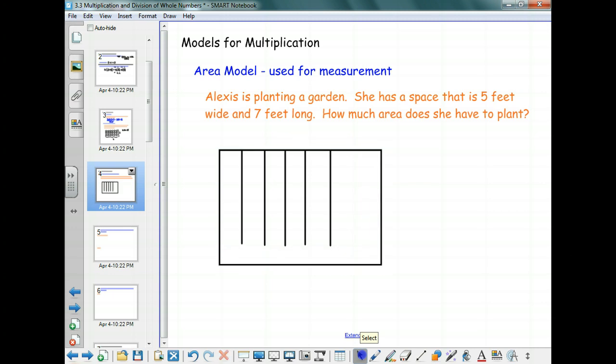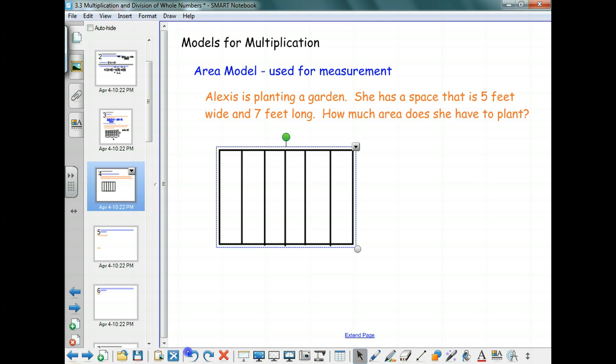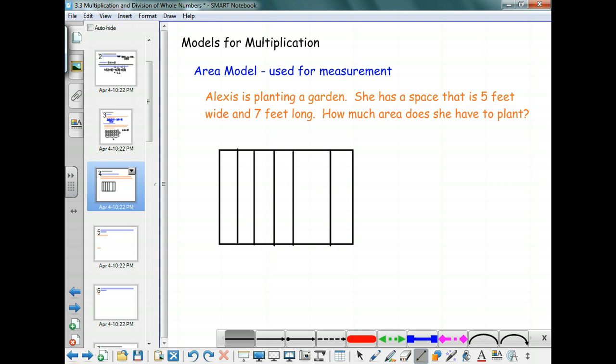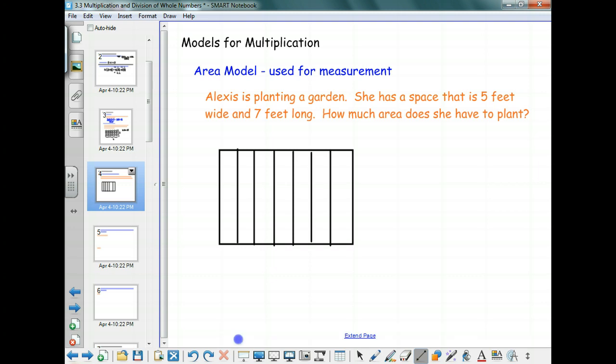Okay, I'm going to do that a different way. And it's totally unfair because I didn't have to erase, right? All right, more or less, I think I've got 7 now. Do I? That makes sense. And then these are each 1 foot blocks, if you will.